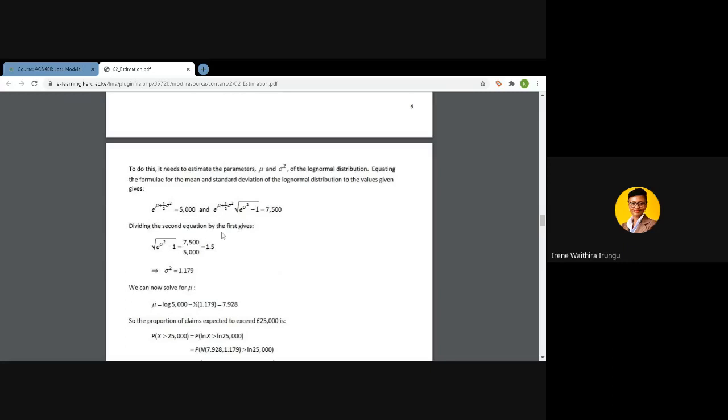And you see, from what we have here, it simply means that we are able to solve these equations. If you look at this term, it compares to what we have here, and it is simply equivalent to 5,000. So if we replace 5,000 there and make this term the subject, then we are saying that the square root of that function is simply equivalent to 7,500 divided by 5,000, where this term in our standard deviation equates to our mean, which is given as 5,000.